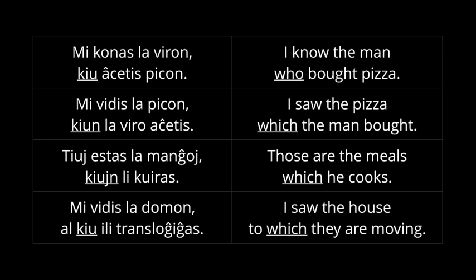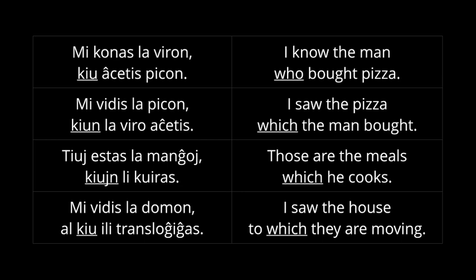Because in the first sentence, the man is the object of the main clause, which is "I know the man." Notice "la viron" has an N on the end of it, but in the clause, "kiu" does not. In the second sentence, the pizza and "kiun" are the objects in both clauses, so they both get N's. Those are the meals which he cooks.